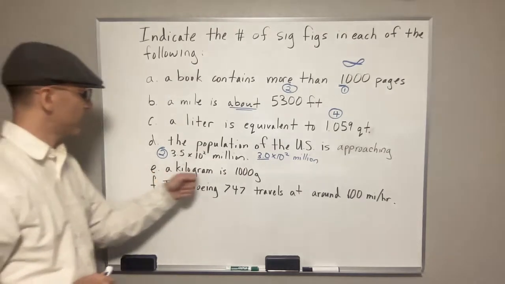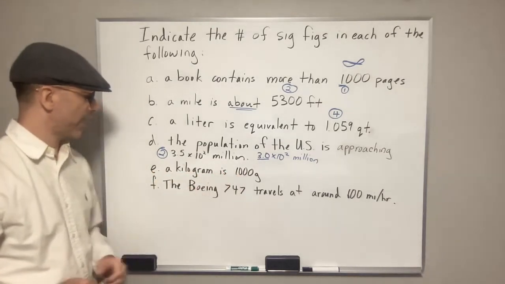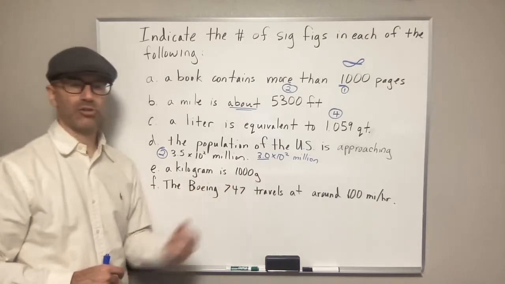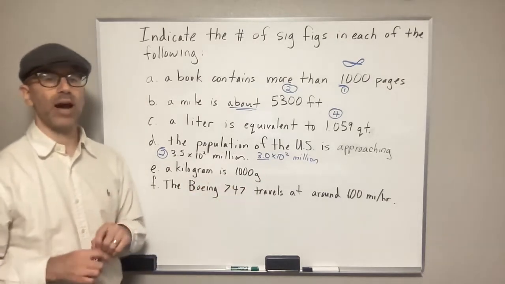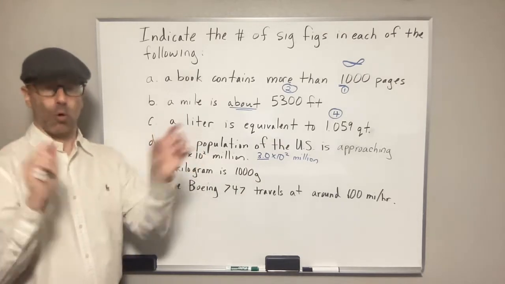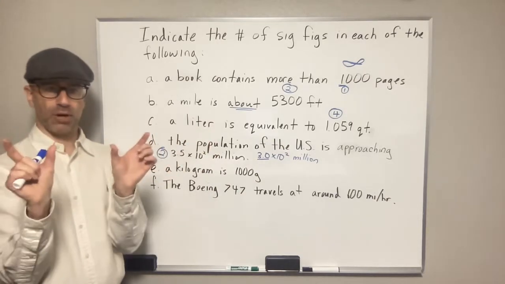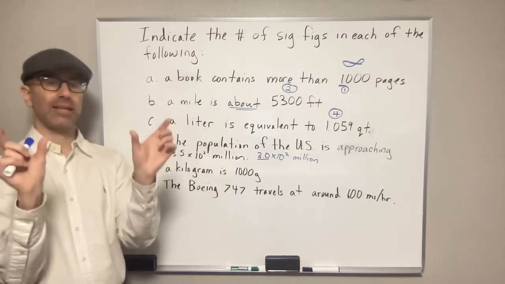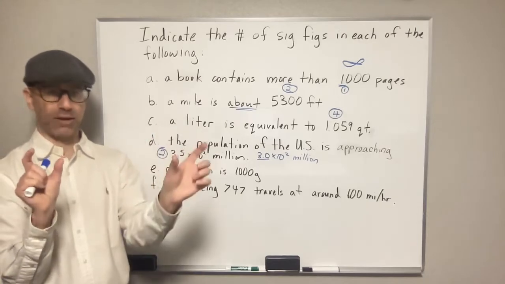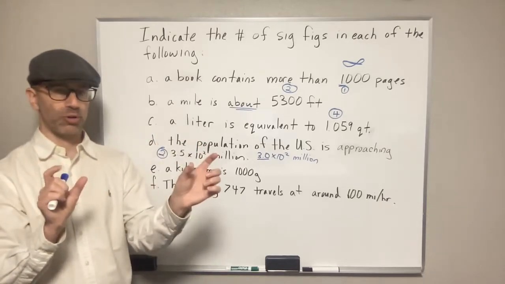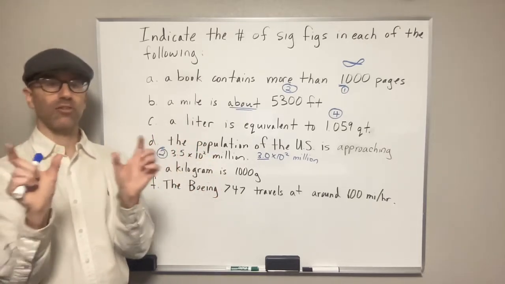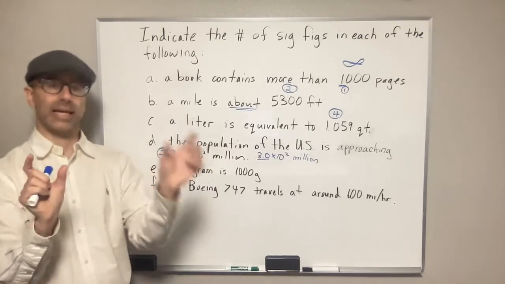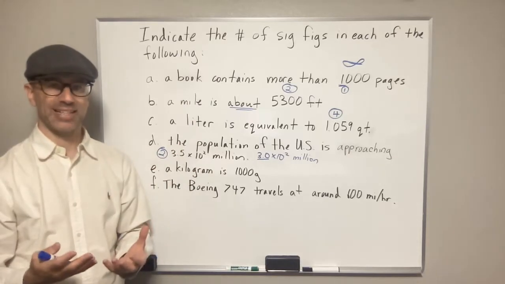For E, a kilogram is 1,000 grams. So here we have a metric unit compared to a metric unit. Whenever you have metric to metric or English to English, comparing two units in the same system and the same category, so mass unit to mass unit, volume unit to volume unit, that's going to be an exact relationship.